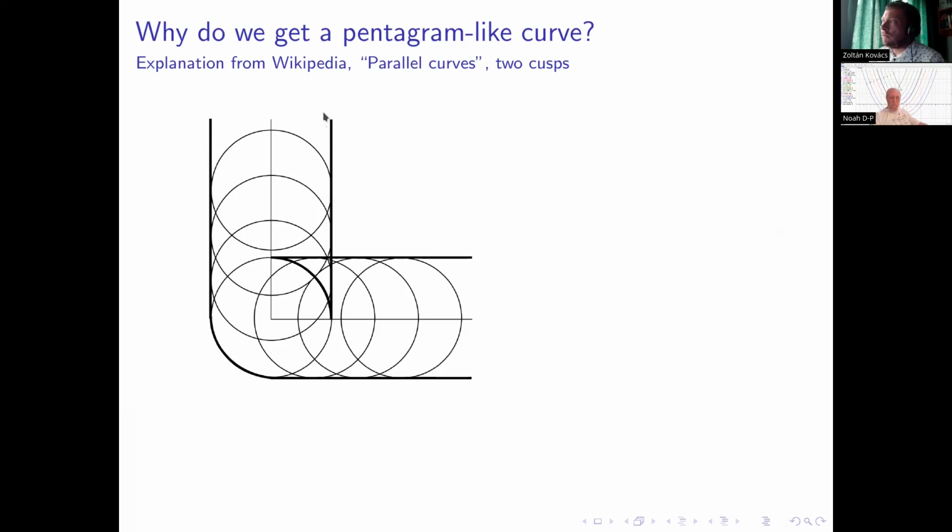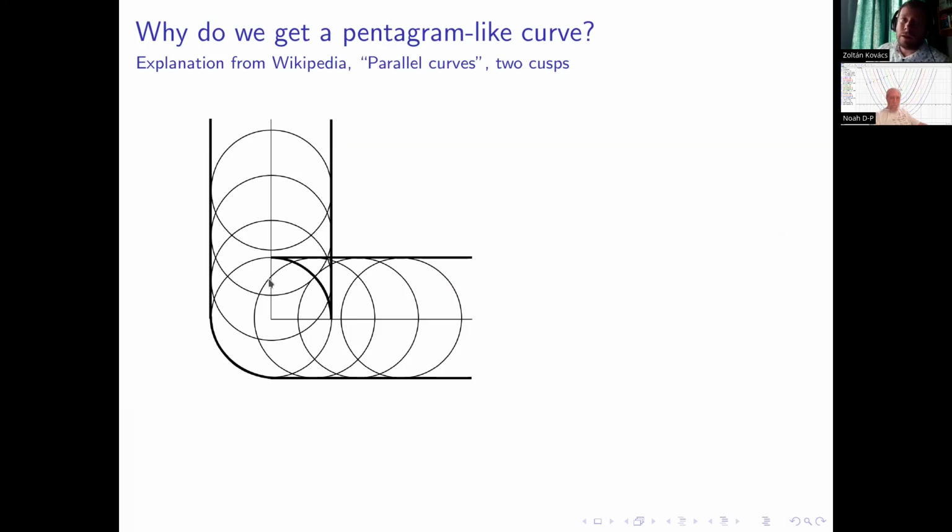On the other side, you get a so-called cusp here. So this is what we call a cusp. It's quite strange at first sight, but this is what happens. I found this on Wikipedia, parallel curves, if you want to check. Hopefully you can get it.